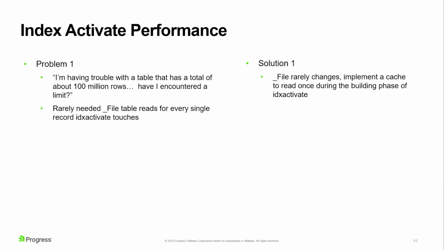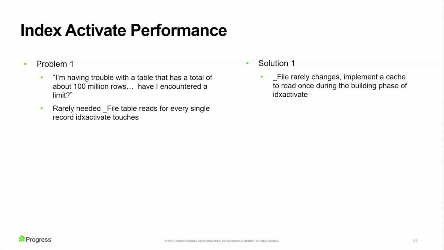And then when someone posted that the _file table is read for every single record that index activate is touching, that got our attention. So our solution was to implement a cache. And if the index activate does not include a schema change, there is now only one _file record read during the building phase of index activate, as opposed to hundreds.